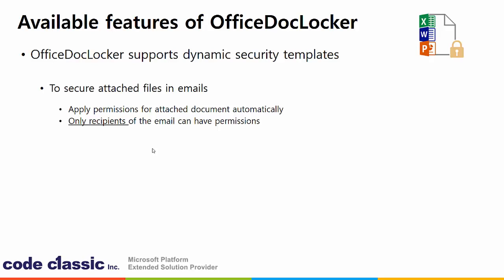The administrators can configure the security templates in the server, but they are very static templates, such as read permissions for the sales team or disable printing. They are basic templates that you can use.